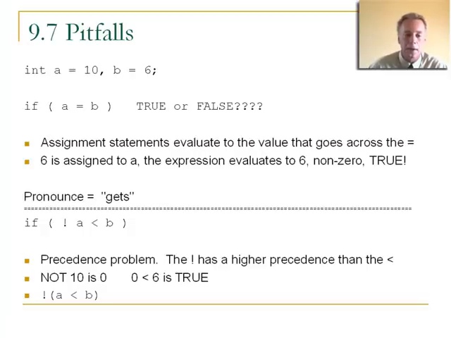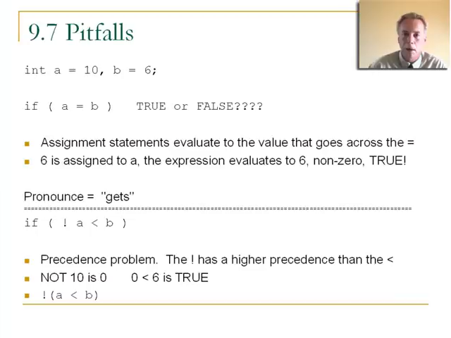If you're reading that as if 10 is equal to 6, you would want the answer to be false. It would be nice if the C compiler would not compile this, if it would recognize that you really intended to express the relational operator equals, which is 2 equal signs, but accidentally typed the assignment operator.